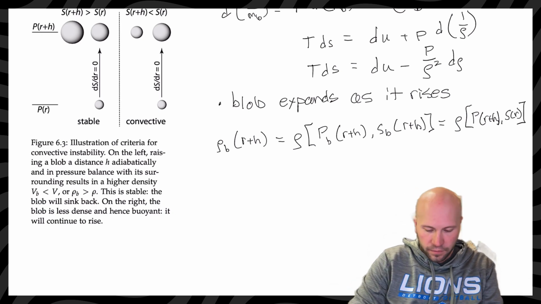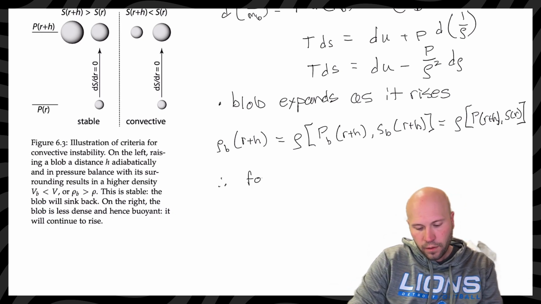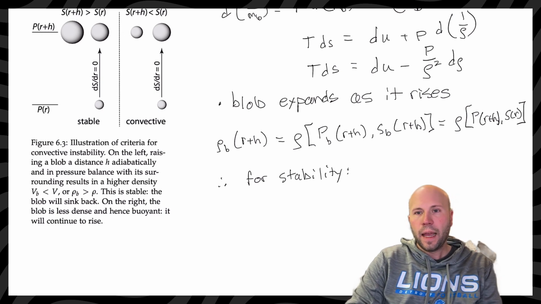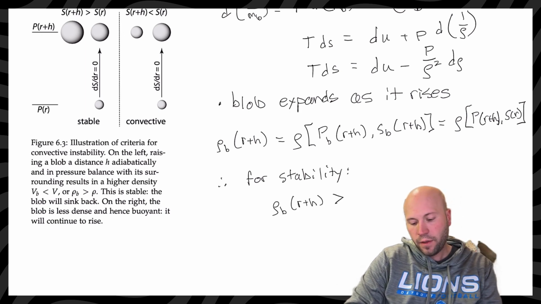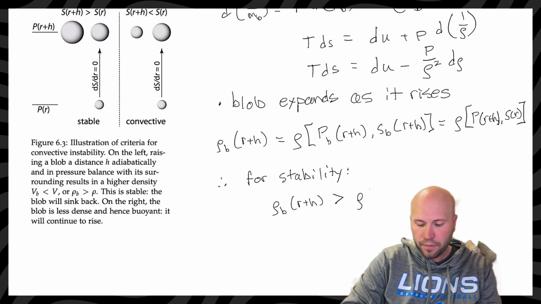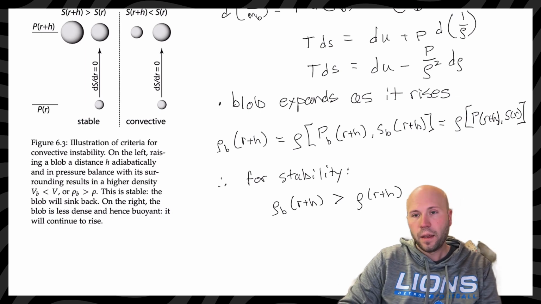Okay, so therefore, for stability, we require the following. We require that the density of the blob at its new location be greater than the density of the medium at that new location.